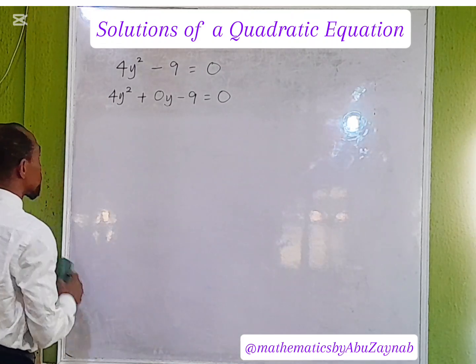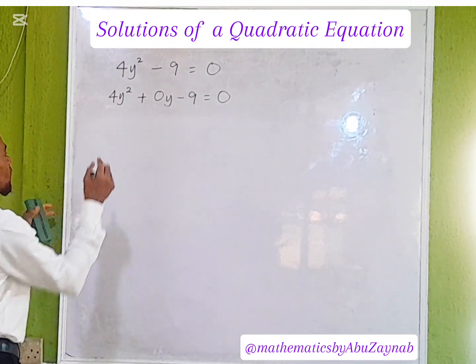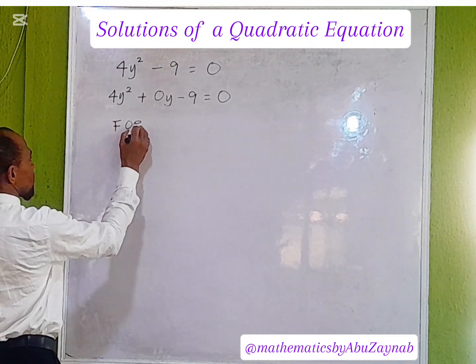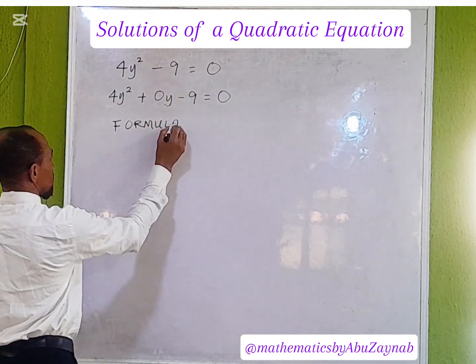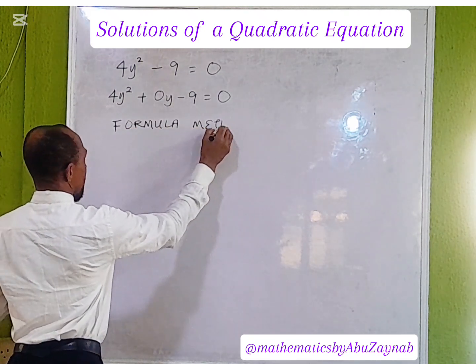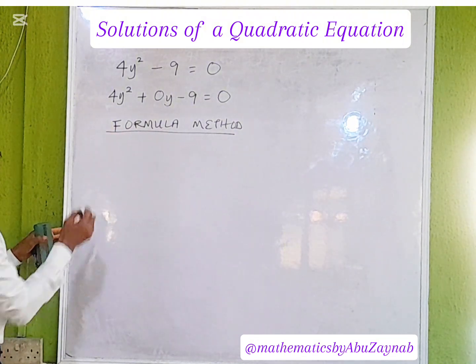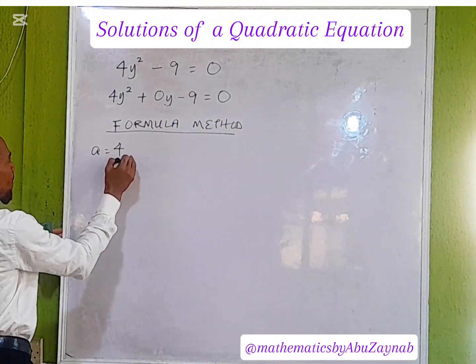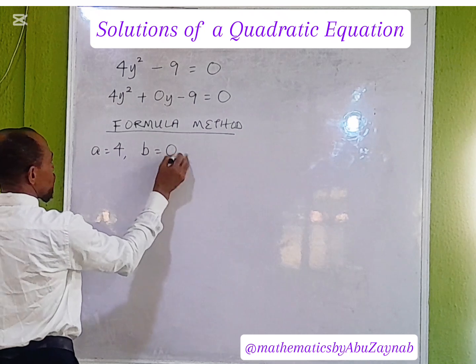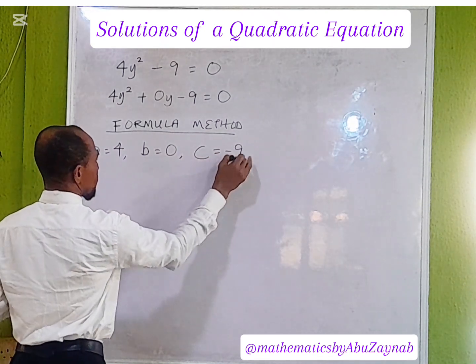For the formula method, all you need to do is to state your parameters, that's A, B, and C accordingly, and not forgetting to include negative if it exists. So A in this case is 4, B is 0, and C is minus 9.